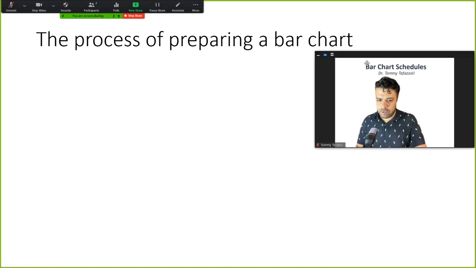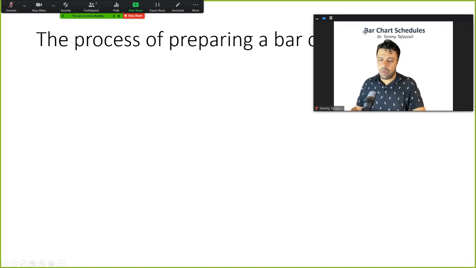Okay, so what is the process of preparing a bar chart? A project has been given to you, and I talked about fundamentals of creating a schedule in the last class. But let's say you want to schedule a project. Where to begin? The first thing you need is to receive the plans and specifications.